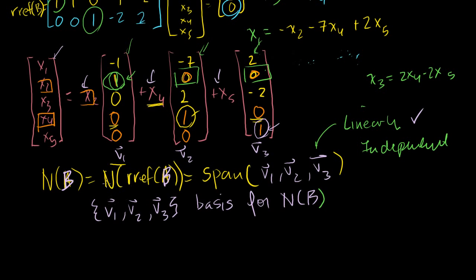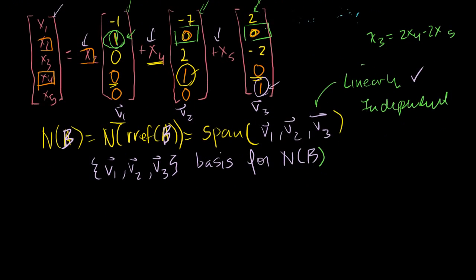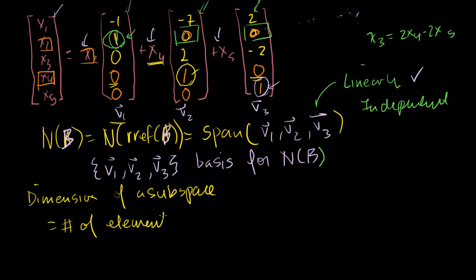Now, this raises an interesting question. In the last video, I defined what dimensionality is. And maybe you missed it because that video is kind of proofy, but the dimension of a subspace, I'll redefine it here, is the number of elements in a basis for the subspace.